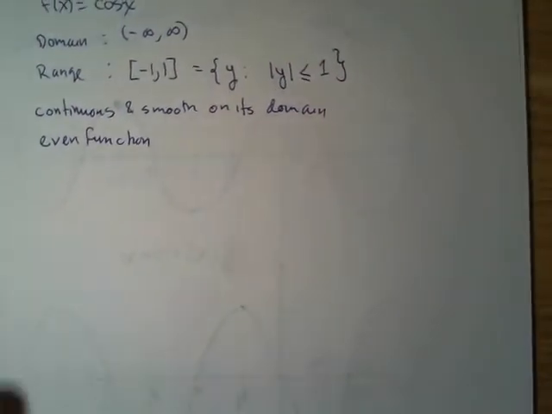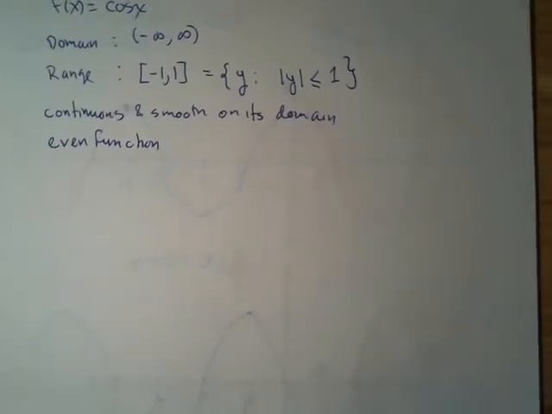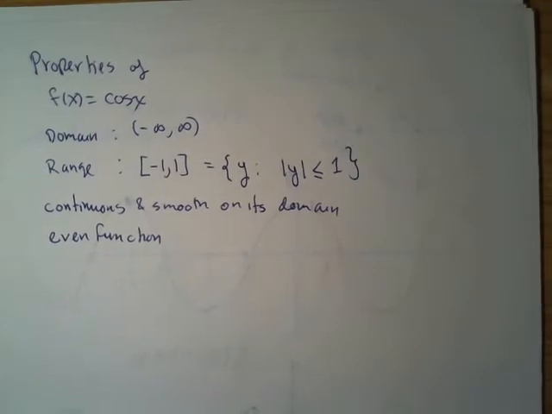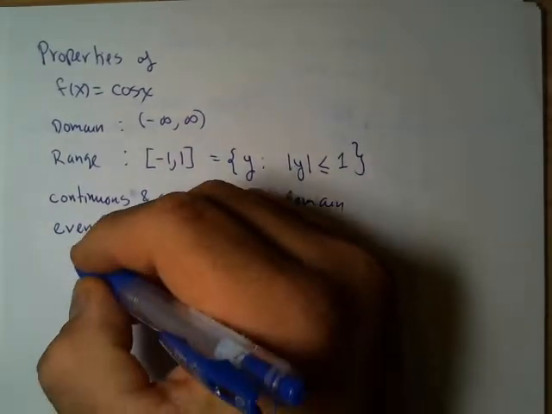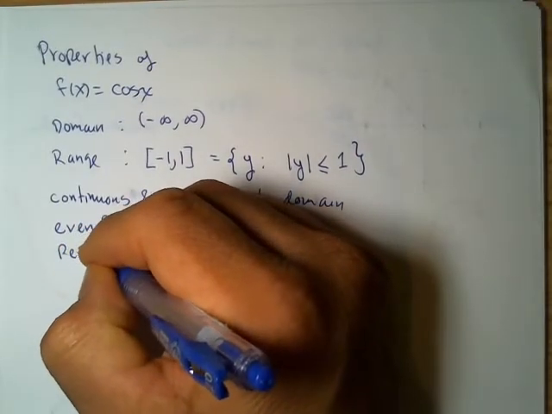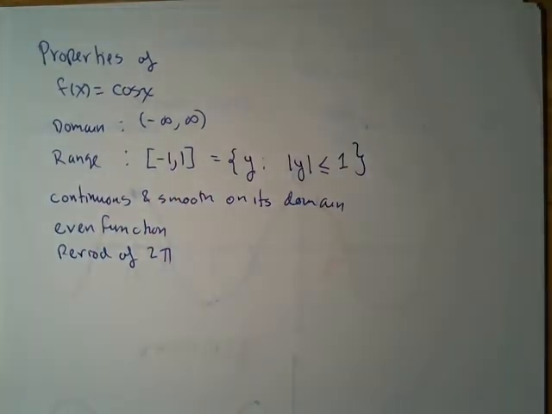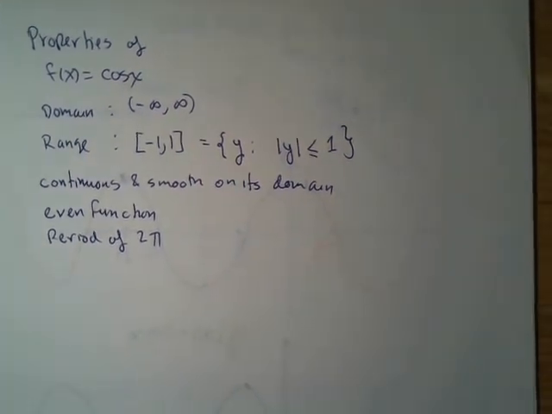We had discussed what it meant algebraically for it to be an even function, and now we can see the results graphically. It also has a period of 2 pi. So those are the properties of cosine.